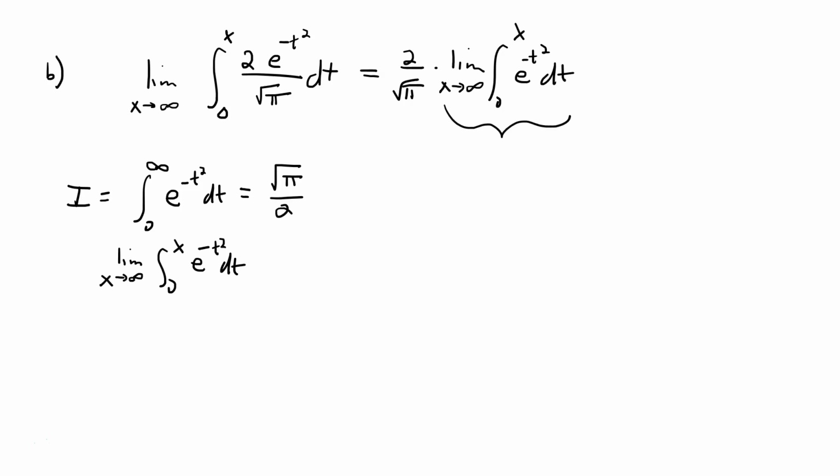And that's supposed to be the square root of pi over 2, and that's times 2 over the square root of pi. The result then is that the error function goes to 1 as x goes to infinity.